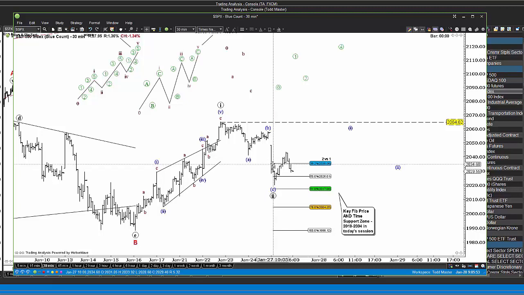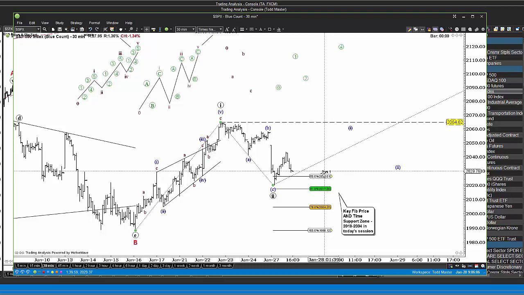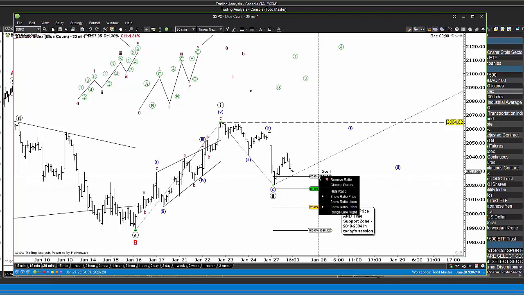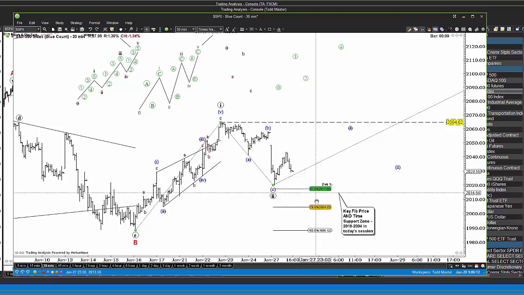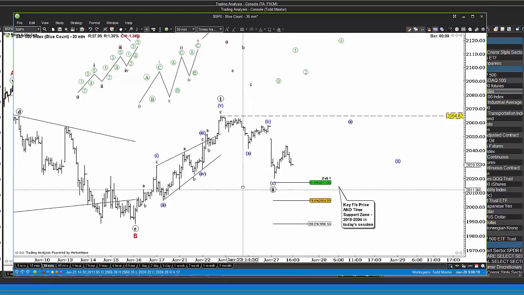So we went through 38%, down into 50, and almost gave the 618 a test. So that's a pretty good test of support. To keep things clean, just right-click on the ratio and remove any ratio that didn't come into play. I'm going to leave the 618 and 786 up just in case things get hairy today. But that's the first thing you want to do.